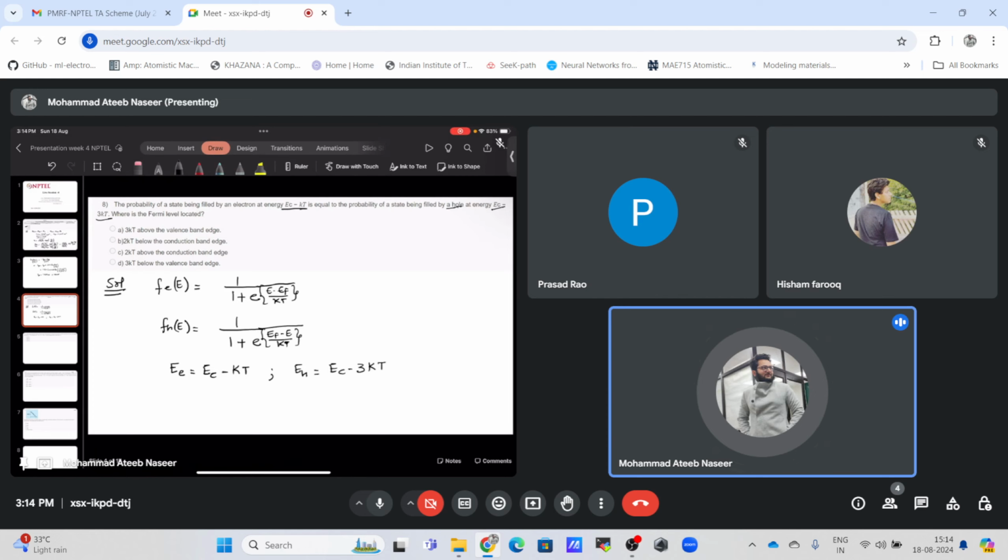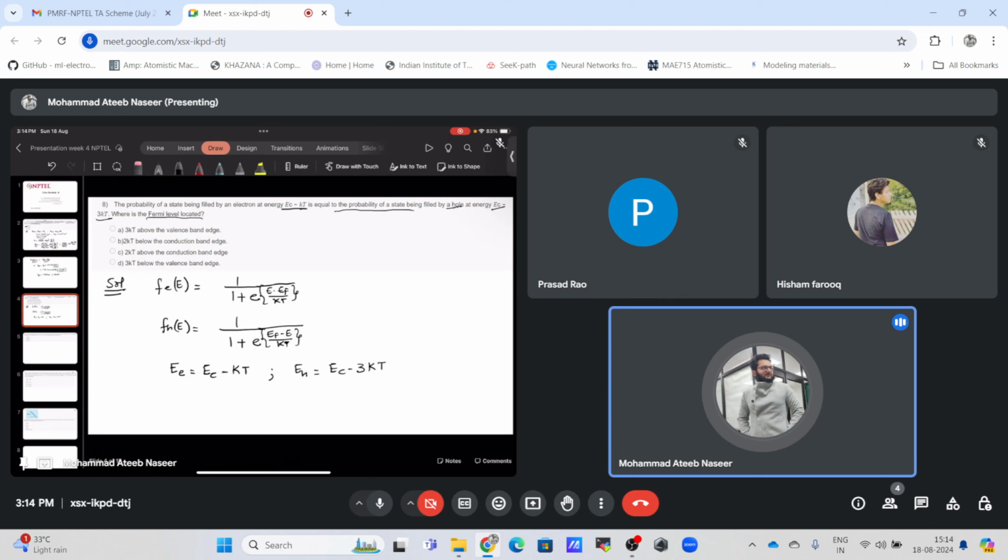So what we have to do is equate these probabilities because it has been given to us that the probabilities are equal for both conditions. From this we have to locate the Fermi level of the system.